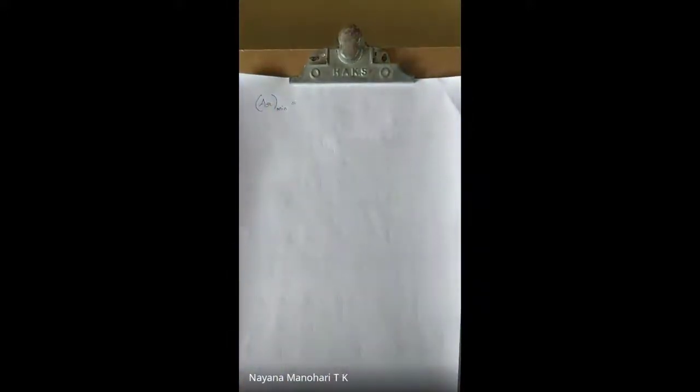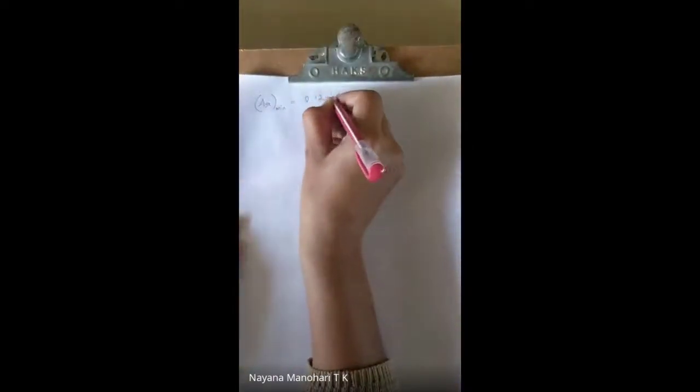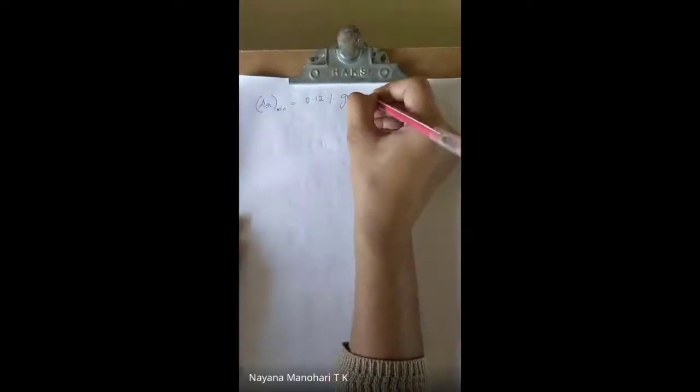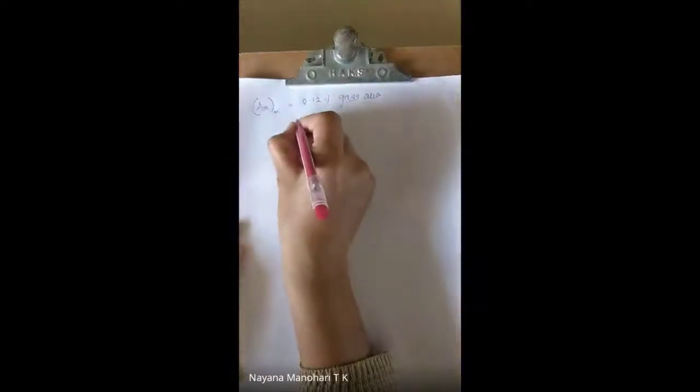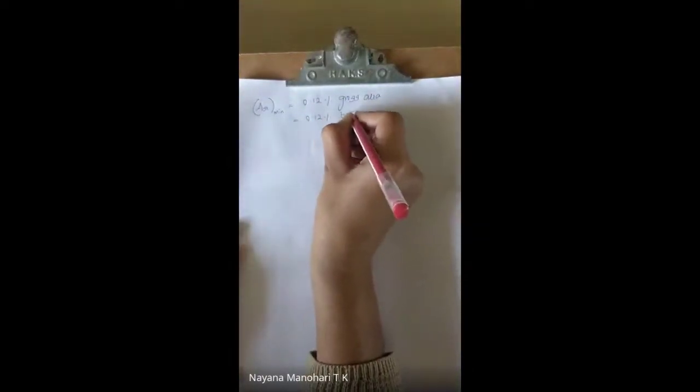AST minimum is given by what? For Fe 415, AST minimum will be 0.12 percentage of gross area, that is B into D value.